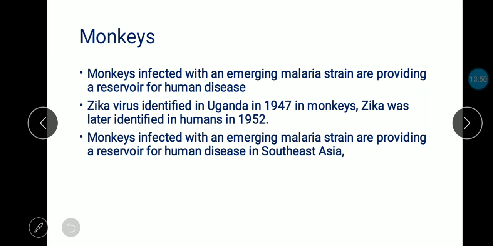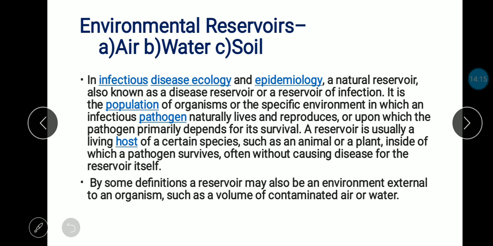Zika virus was identified in Uganda in 1947 in monkeys, and Zika was later identified in humans in 1952. Thus, monkeys infected with an emerging malaria strain are providing a reservoir for human diseases in Southeast Asia.